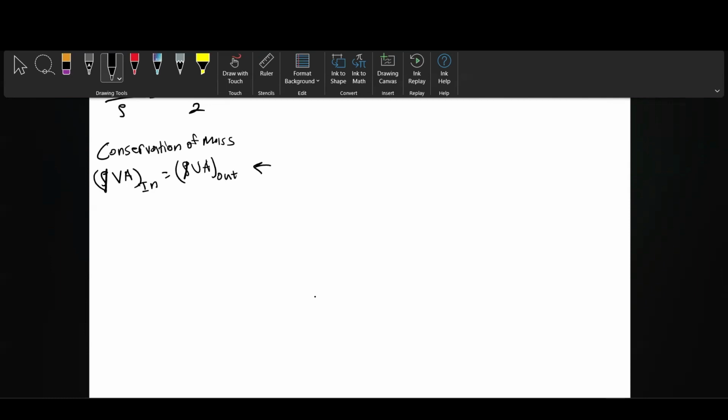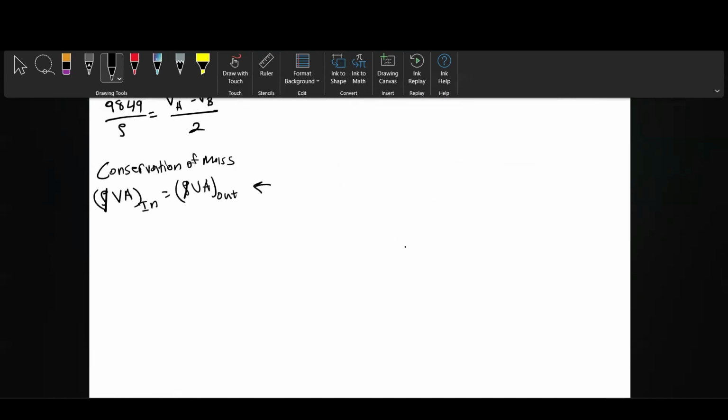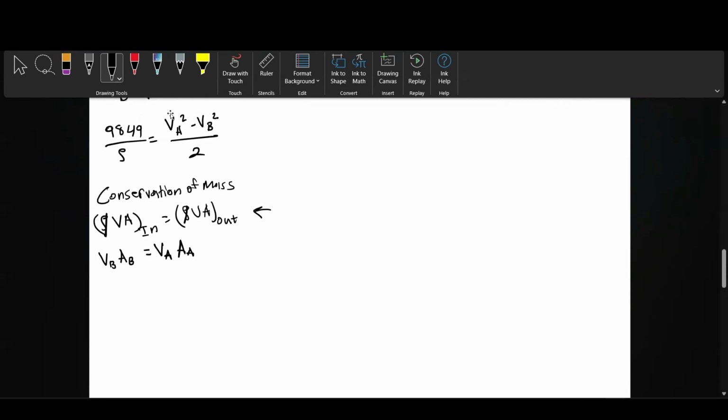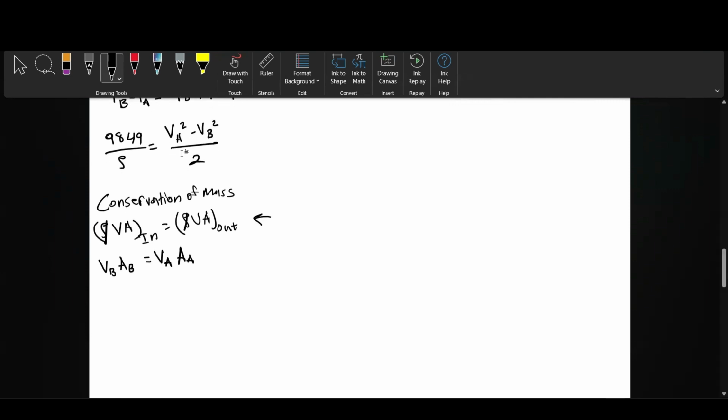So we can say our in is at B. So VB times AB equals VA times AA. And now we can solve for one of these terms, and we're going to plug it in up here because right now we have two unknowns, and we're going to use one more equation to bring that down to one unknown.